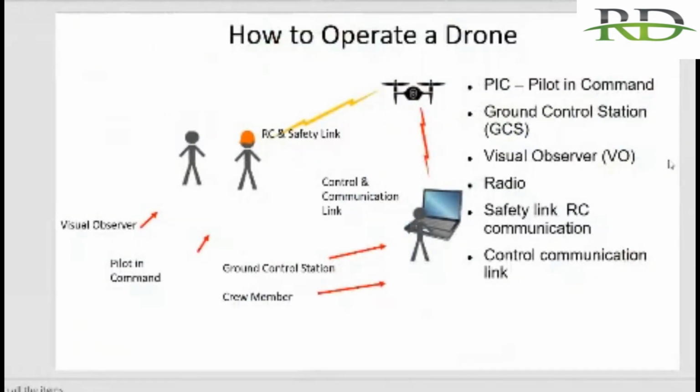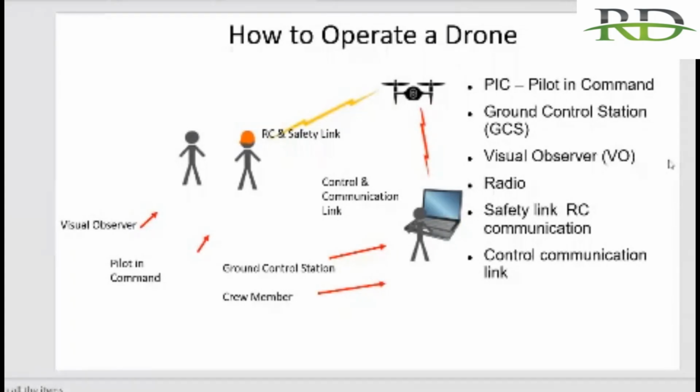this is how we operate the drone. We can see two people standing on the land, a visual observer and the pilot, who is wearing an orange cap. He controls the drone with the RC and safety link, and we can communicate with the controlling system, which is radio visual, the safety link, and GPS mode.